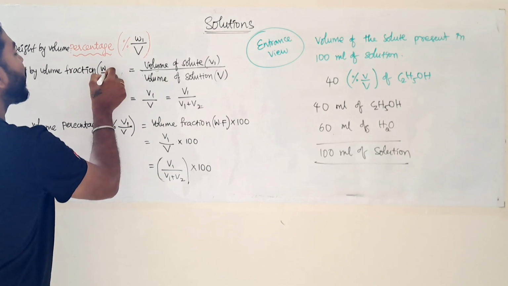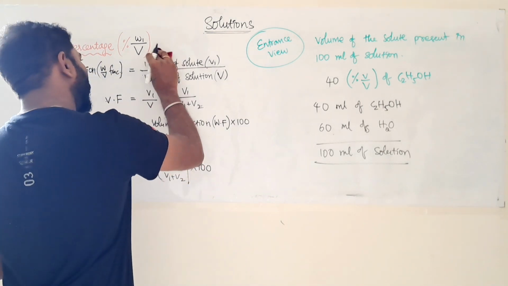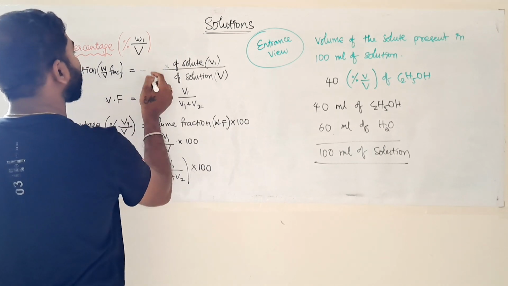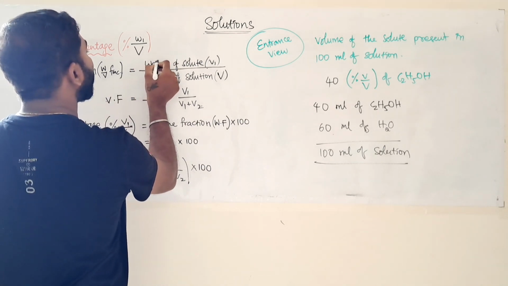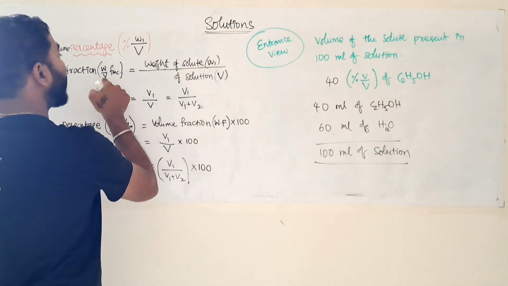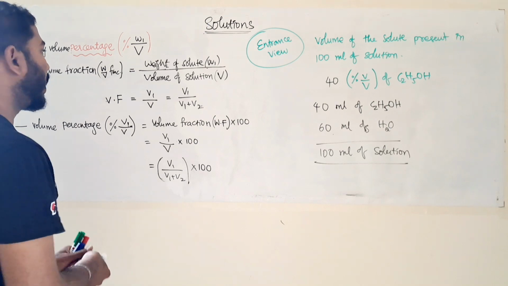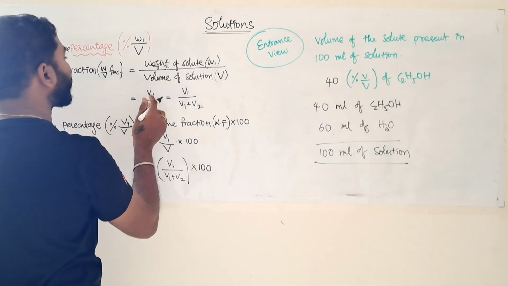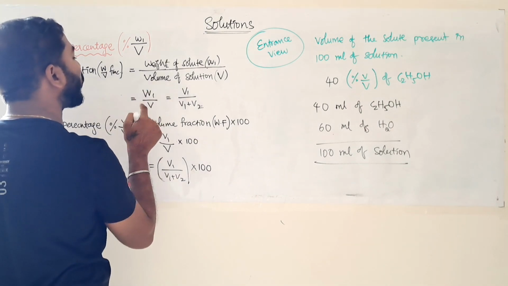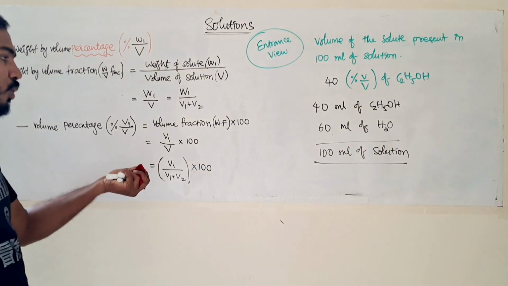So the weight by volume fraction can be written as, please try to guess, weight of solute, W1, by volume of the solution, that is V. So it is written as W1 by V. Similarly, we can write it as W1 by V1 plus V2.